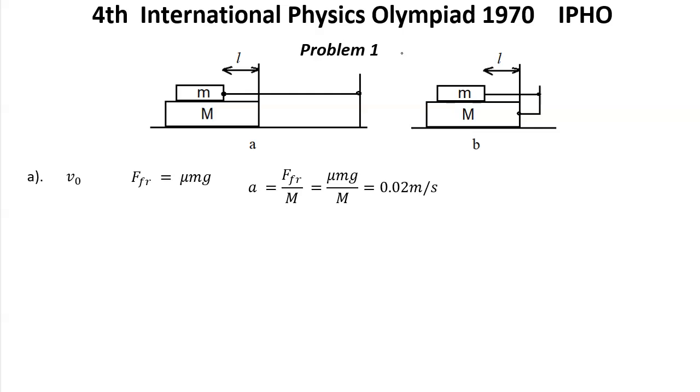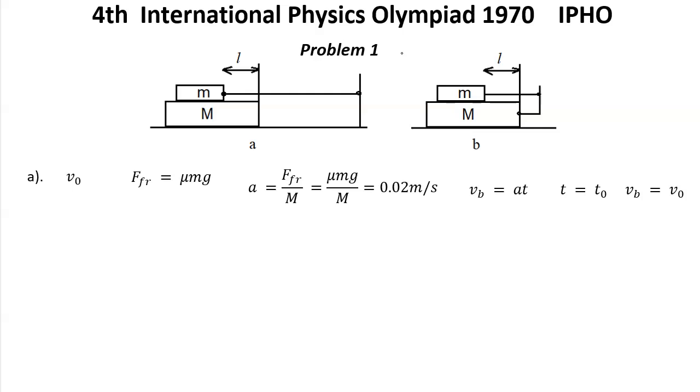0.02 meters per second squared, while the velocity of the bar changes with the time according to the law Vb equal at. Since the bar cannot move faster than the carriage, then at a moment of time t0, its sliding will stop, that is Vb equal v0.